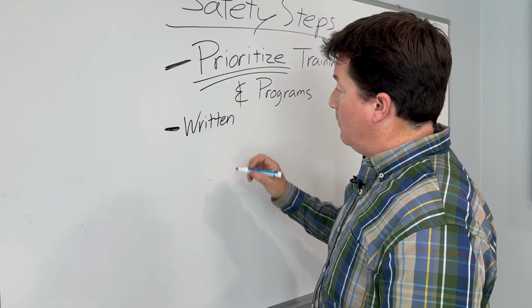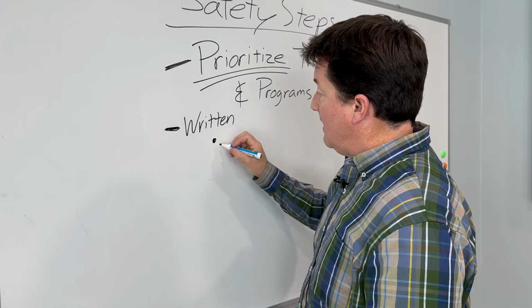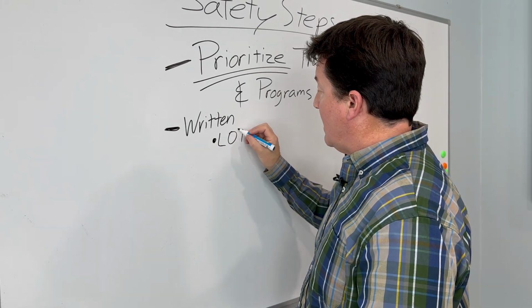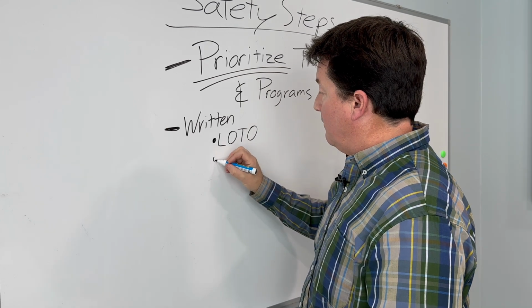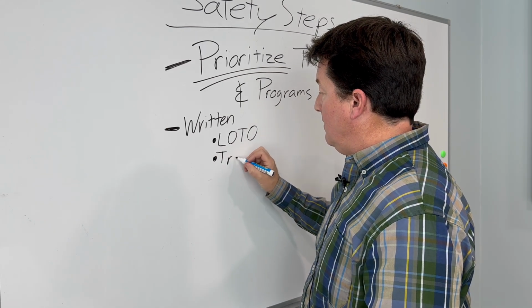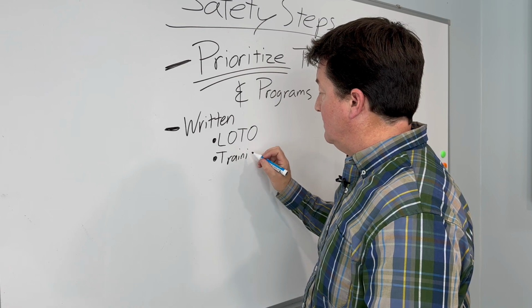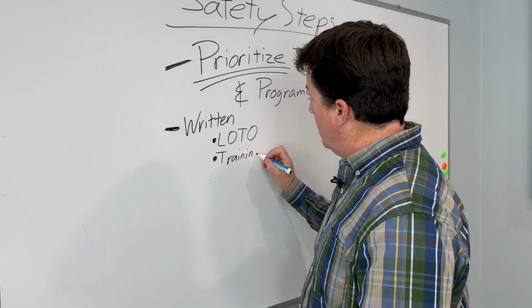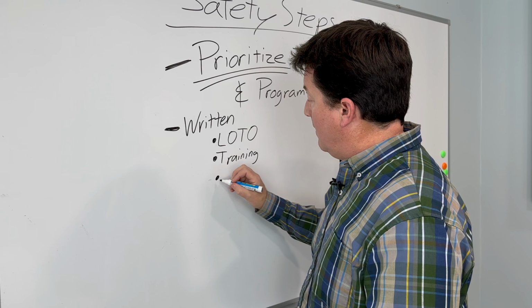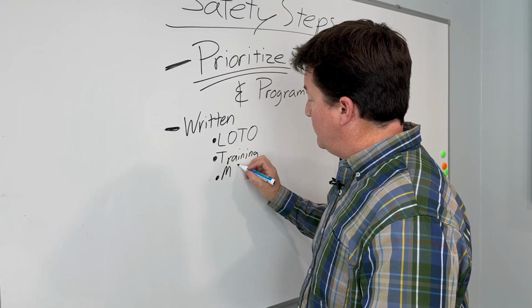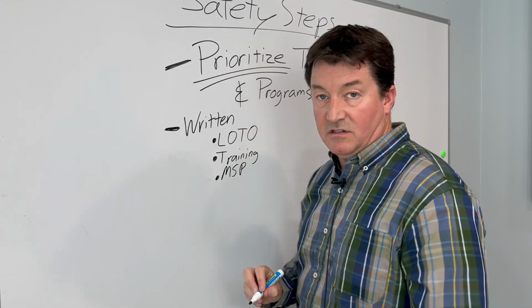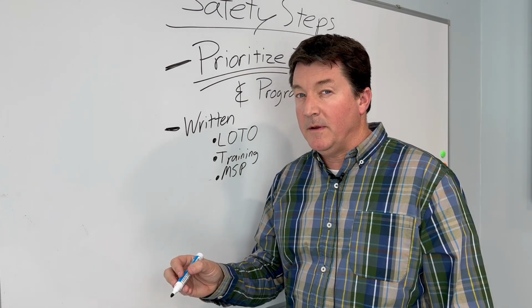So as an example, if I'm saying, hey, lockout, tagout, I've got to have a lockout, tagout program. I've got to have training for my guys and my gals. I've got to have machine specific procedures for each piece of equipment.